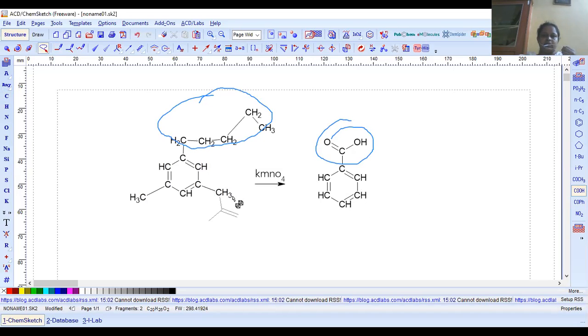Here, this methyl will also get converted to carboxylic acid, and this methyl also gets converted to carboxylic acid. This will not identify the difference between these alkyl groups. It directly converts all the alkyl groups attached to the benzene ring directly to carboxylic acids. This is known as oxidation.